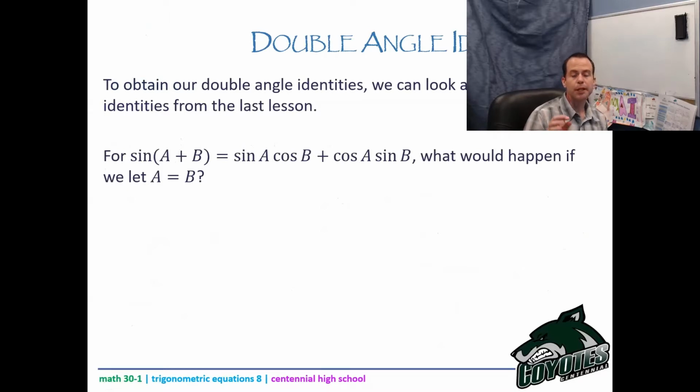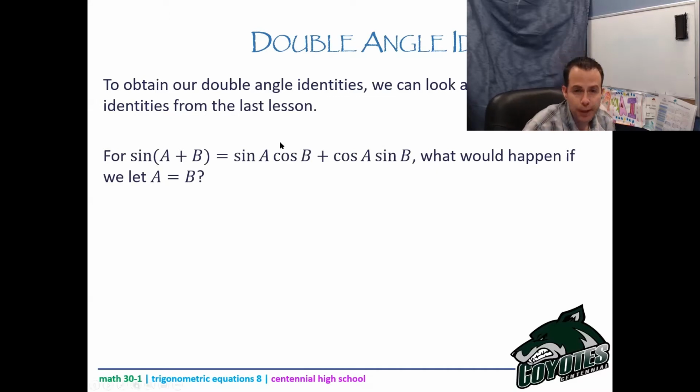What would happen if we let a equal b? Essentially, if we let a equal b, we're now looking at sine of a plus a, because a and b are the same thing. I could just as easily say b plus b. It doesn't matter. I just chose to replace the b with a if they equal each other. So sine of a plus a gives me sine of 2a, which is what we call a double identity. It's 2 times the angle a.